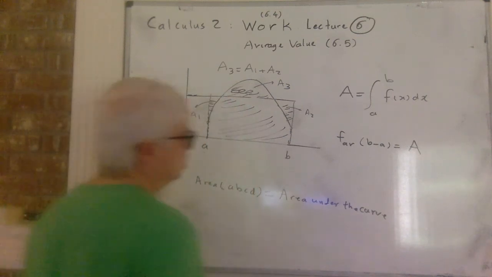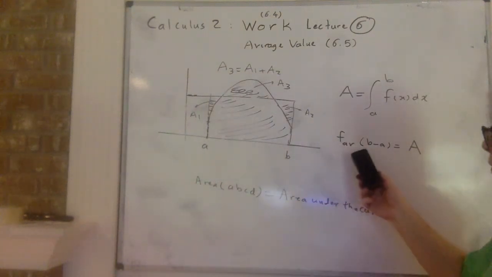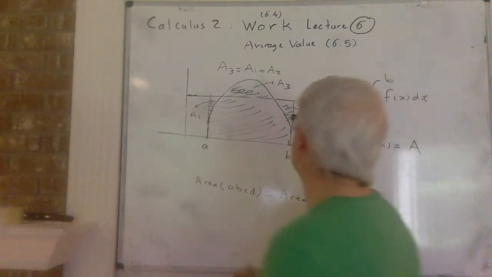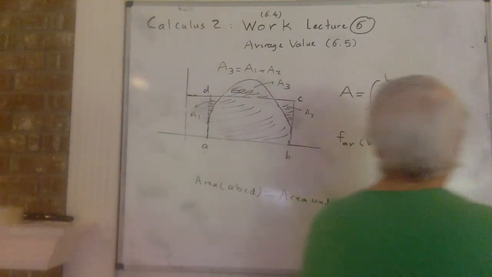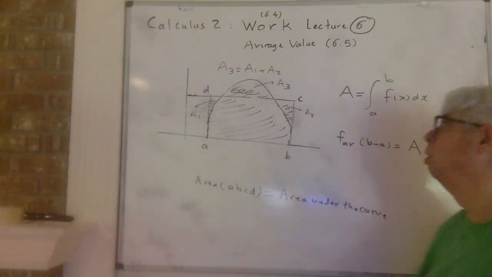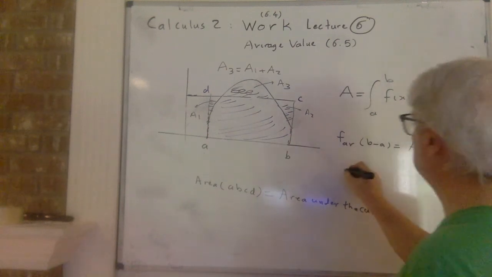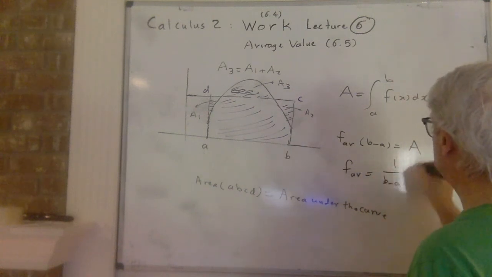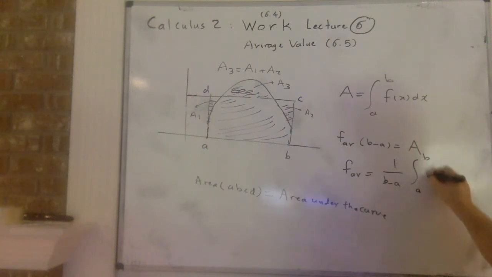Well, anyway, that is the picture. This picture is nice. So f average times b minus a is this area ABCD. So f average will be 1 over b minus a times the integral from a to b of f(x) dx.